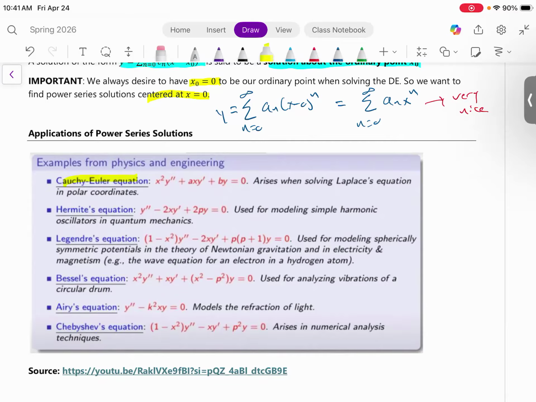We have the Hermite equation, Legendre's equation, Bessel's equation, Airy's equation, which we're going to solve in this material, and Chebyshev's equation. The Chebyshev equation is pretty interesting. These are a couple of examples of differential equations from physics and engineering, and power series allows us to solve these and play around with them a bit.